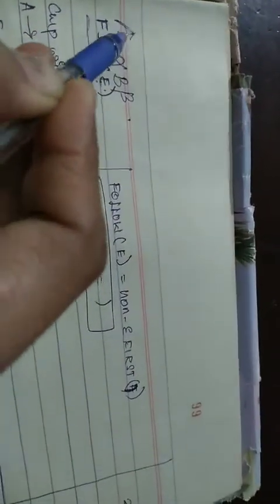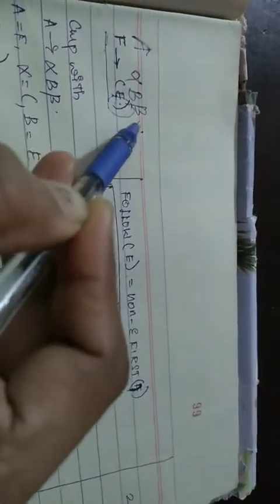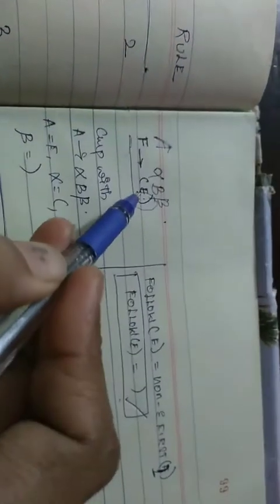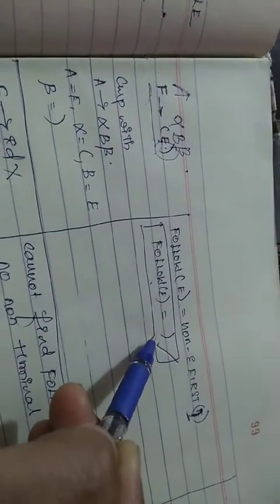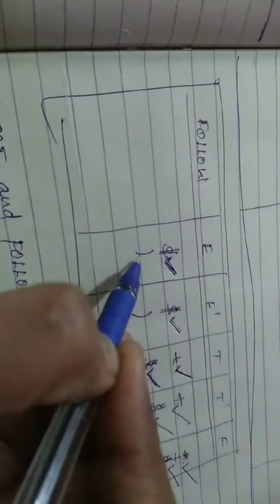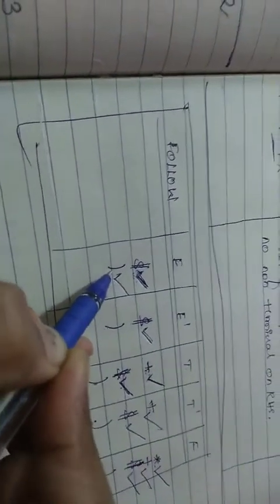This is A. F is A. Follow of E equals non-epsilon of first of beta. Beta is what? Closed parenthesis. First of a terminal symbol is the terminal symbol itself. No need to bother. So what is your follow of E now? Closed parenthesis. So follow of E you have to update. That is your closed parenthesis.